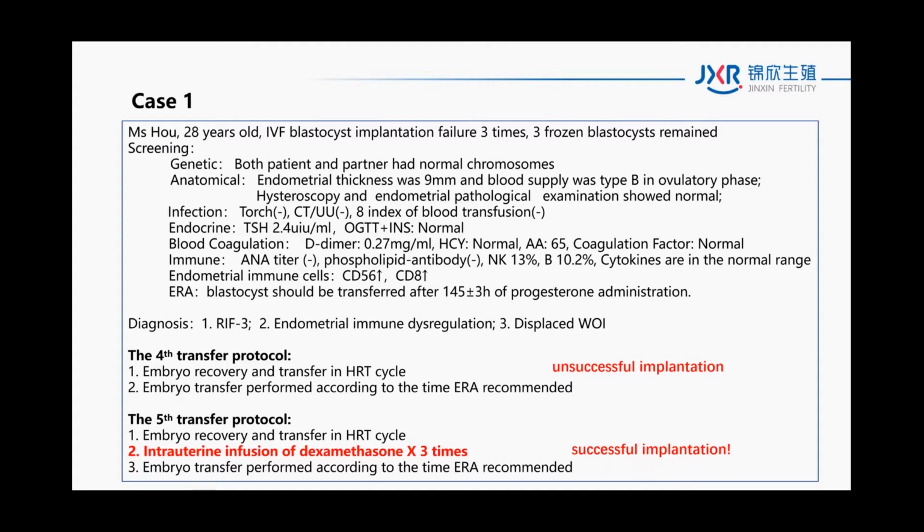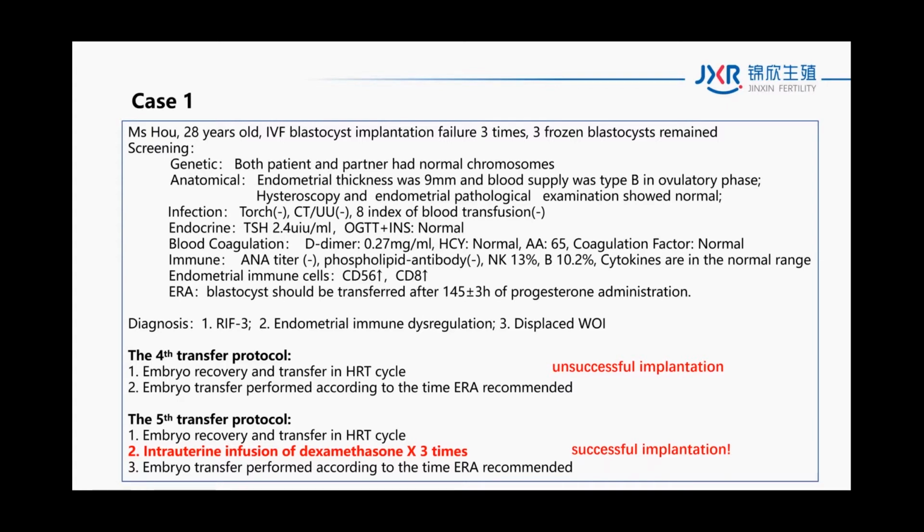For her first transfer, we felt that early intervention may affect her window of implantation, so we didn't interfere with her endometrium. Then she transferred 2 high quality blastocysts with the ERA suggestion, but implantation was unsuccessful again. At the time of the 5th transfer, we considered that her failure might also be caused by abnormal endometrial immunity.